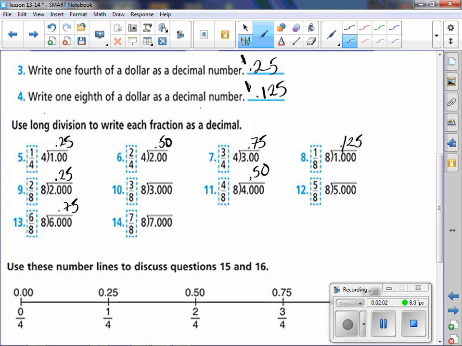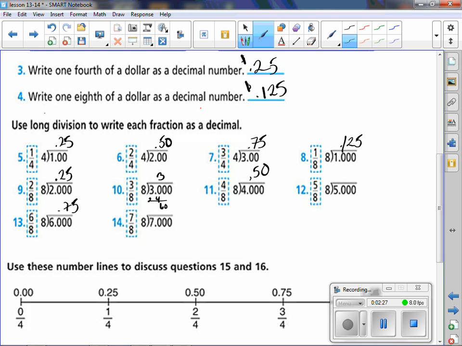Okay, well then on this next one, on number 10, when we take 30 and divide it by 8, 30 divided by 8 is 3. Okay, and then 3 times 8 gives us 24. So as we subtract out, we get a 6.